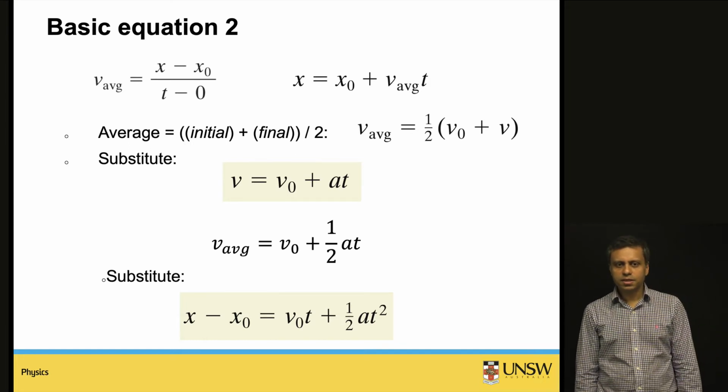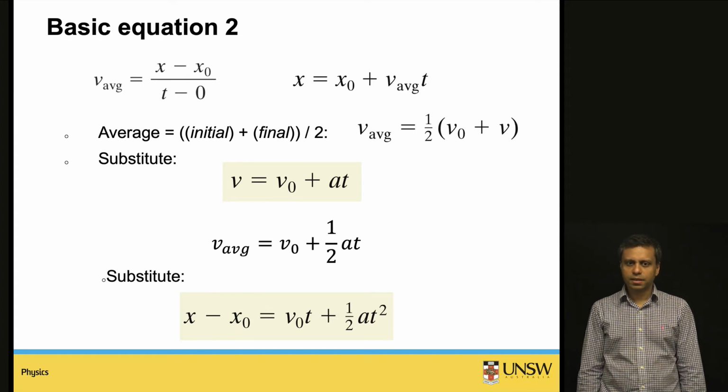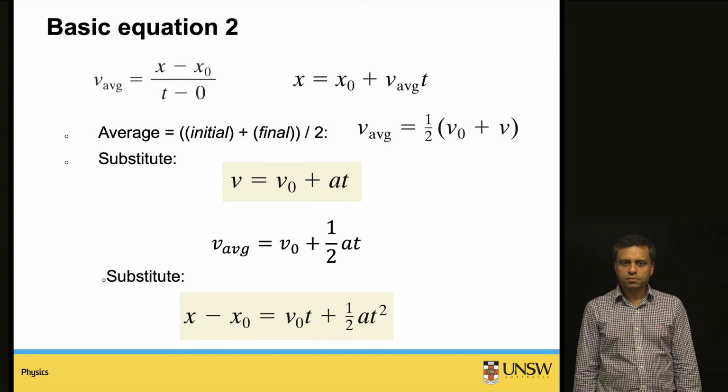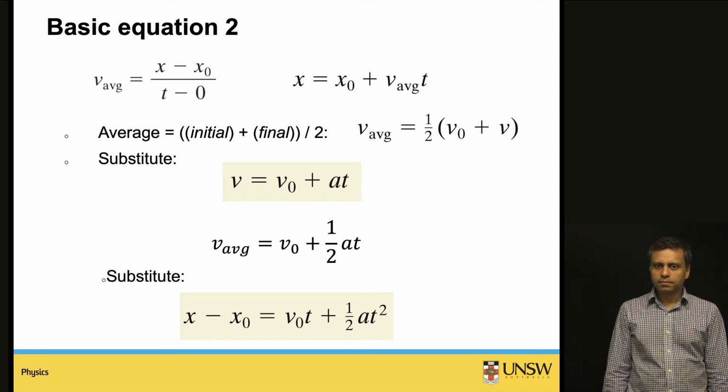Then the average velocity is defined as (x minus x naught) over t, the change in position over time. Now we can rearrange this equation to write an expression for x in terms of all the other variables, as can be seen here. And now we need an expression for average velocity, and the average velocity is just the initial plus final velocity divided by 2.